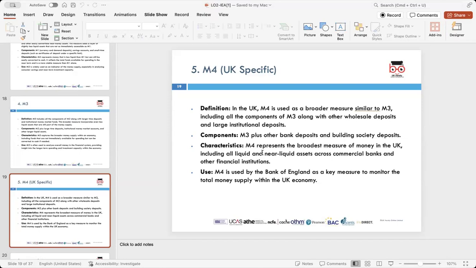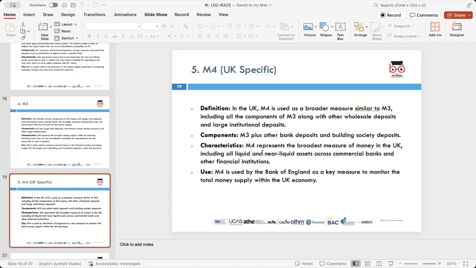M4, or UK specific. In the UK, M4 is used as a broader measure similar to M3, including all the components of M3 along with other wholesale deposits and large institutional deposits. Components: M3 plus other bank deposits and building society deposits.